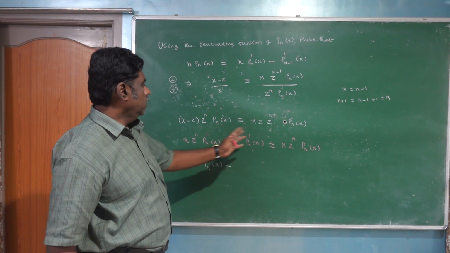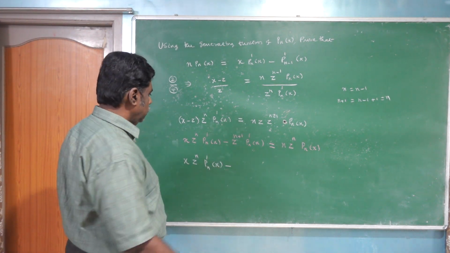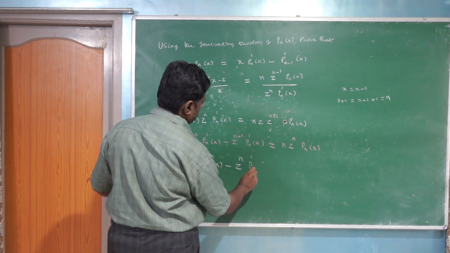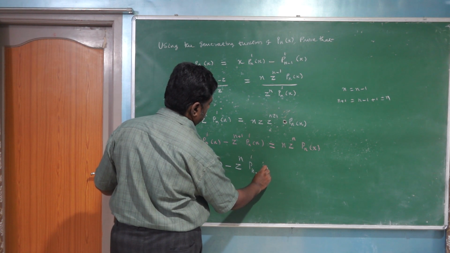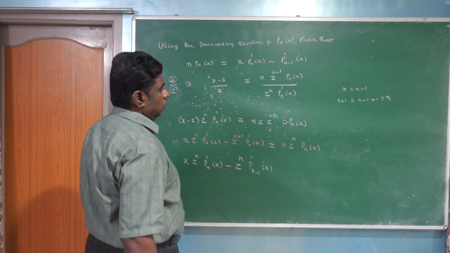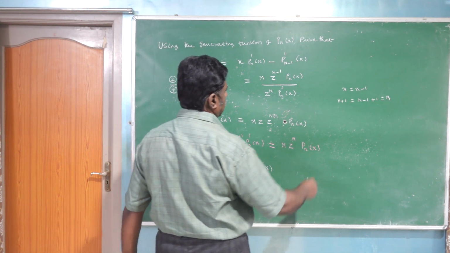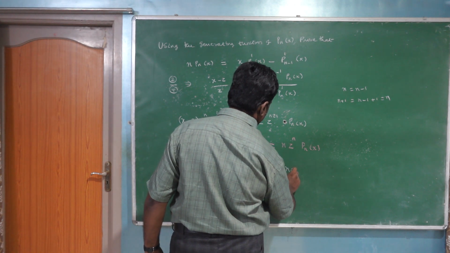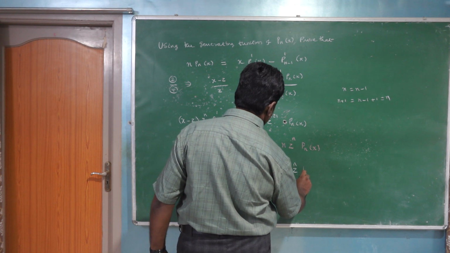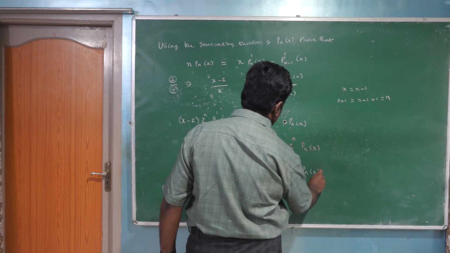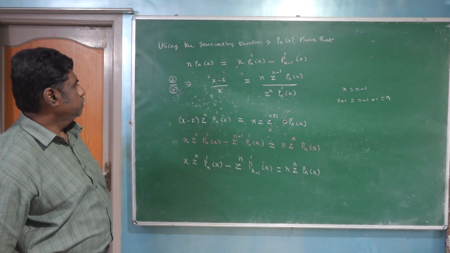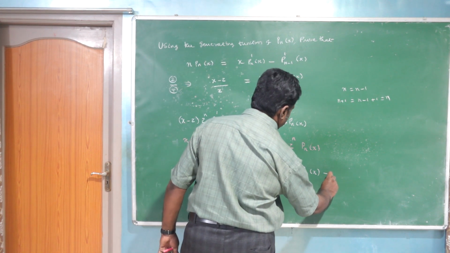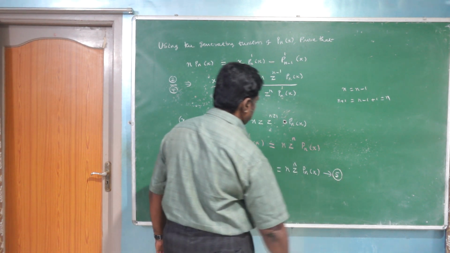We have to express all the terms of z in terms of z power n. Therefore, this is z power n Pn minus 1 dash of x. Here n into z power n into Pn of x. Now we have expressed all the terms in terms of z power n. Consider this is equation number 5.